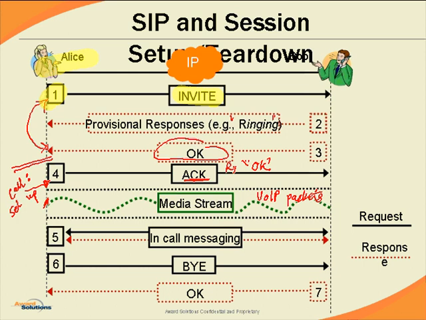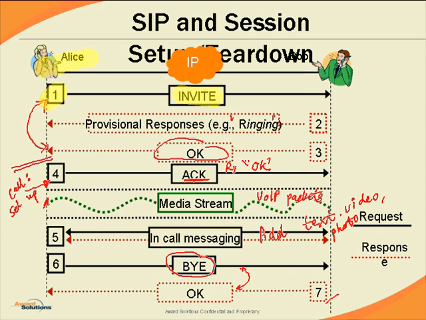In call messaging, maybe we would like to add a text message, add some kind of video, a photograph, we can add some image. Whatever we want to do, we can do that. And once the call is over, then the bye message is created. Here Alice is ending the communication, so she's sending this bye message, and the response to the bye message is this OK message.